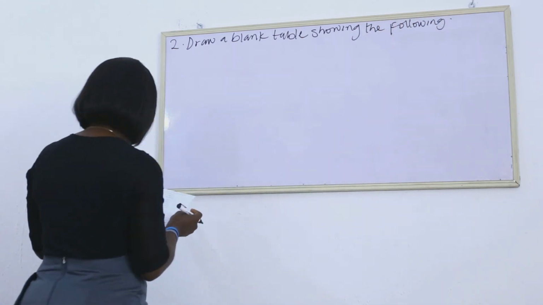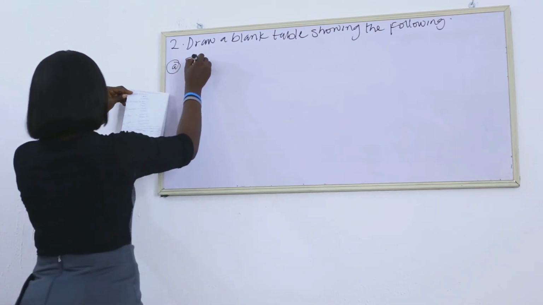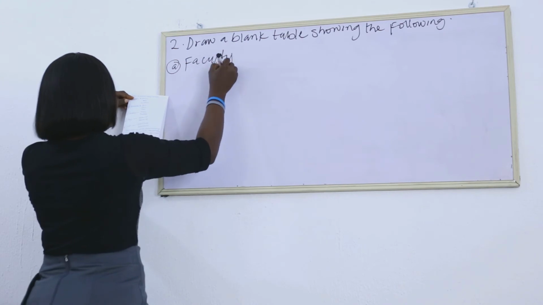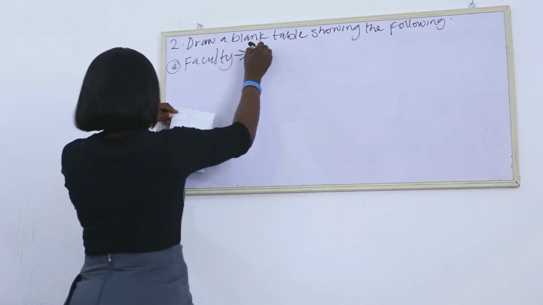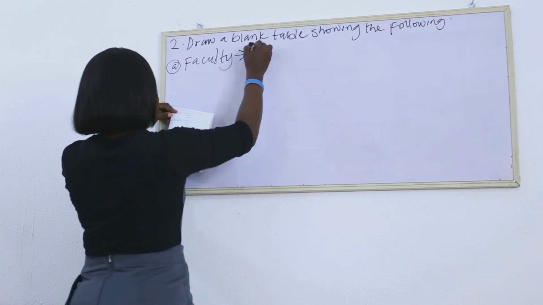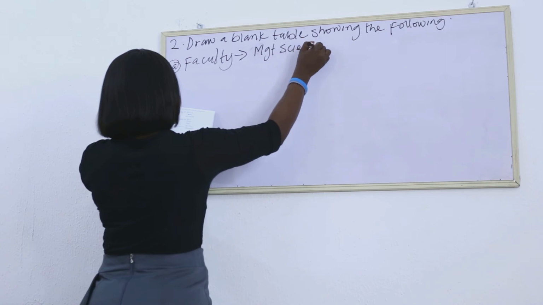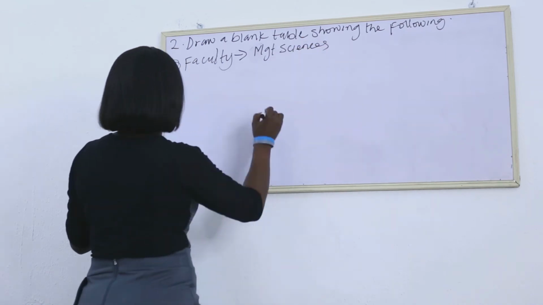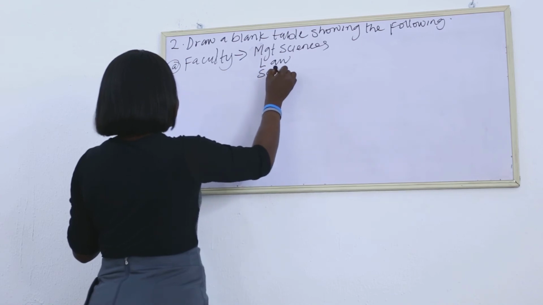And the first thing we are looking at is faculty. The faculties we'll be looking at are the Faculty of Management Sciences, the Faculty of Law, then the Faculty of Sciences.